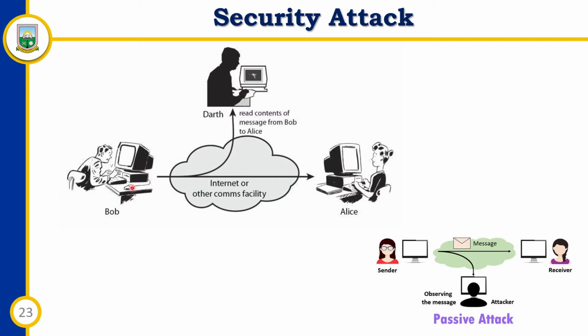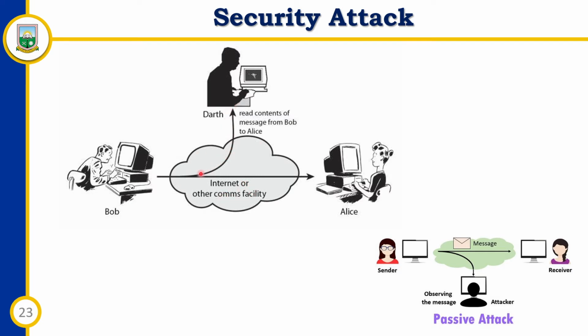So let's take this individual. We have Bob here. He wants to send an email to Alice over a connection medium, which is the internet or any other communication facility that is available. So he sends the information. During the transmission period, we have this individual. What he does is he's able to tap into the message that Bob has sent, because he's also on the same internet or communication facility.